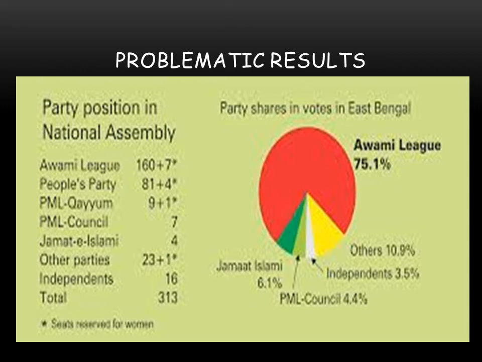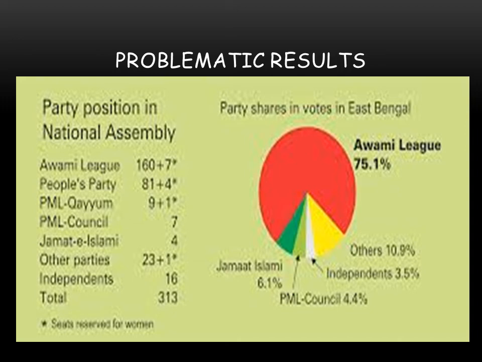The Awami League had contested the election on a manifesto calling for political and economic independence for East Pakistan. The League would have a majority in the National Assembly. Yahya could not allow the traditional dominance of West Pakistan to be overturned, as this was a huge problem: East Pakistan was always governed by West Pakistan.